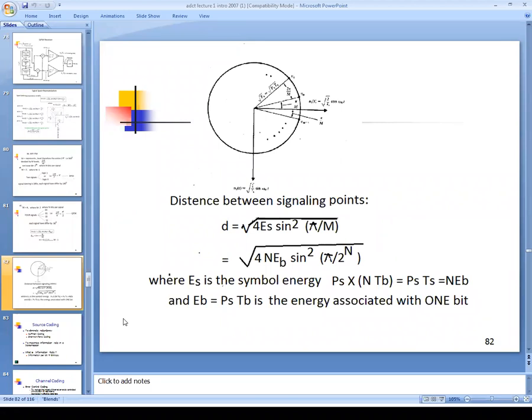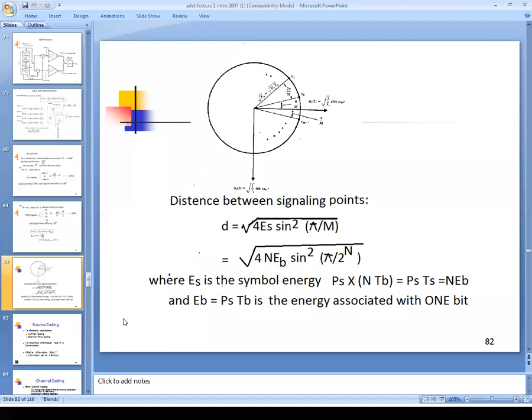Es is Ps into n into Tb, where Tb is the bit time, that is Ps into Ts, which is equal to n into Eb. And Eb is equal to Ps Tb, the energy associated with one bit.